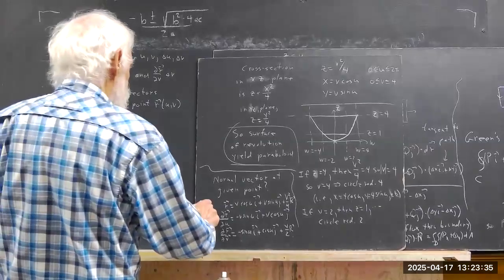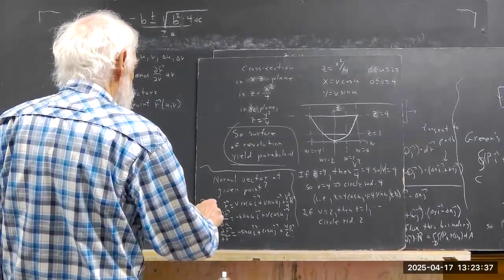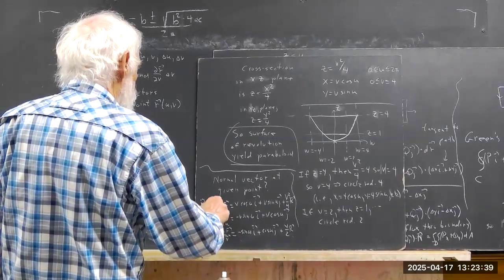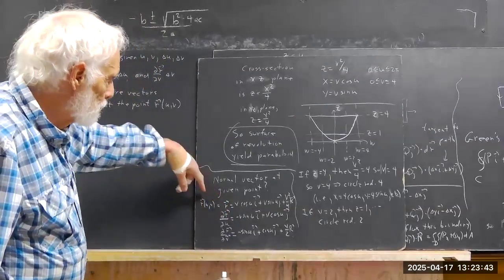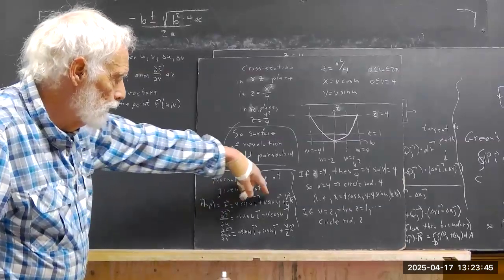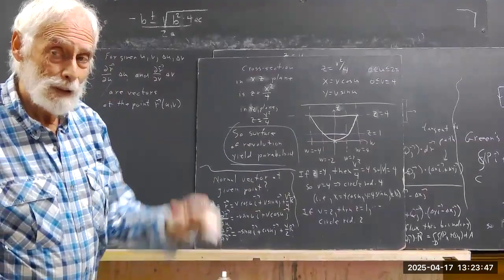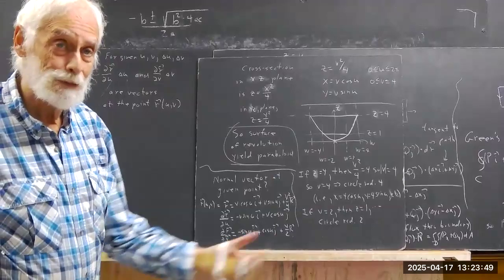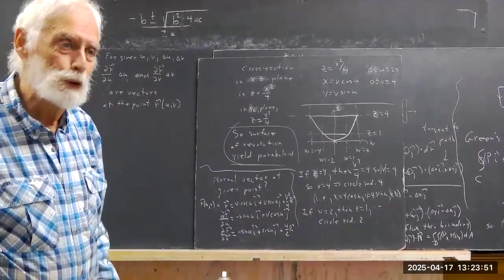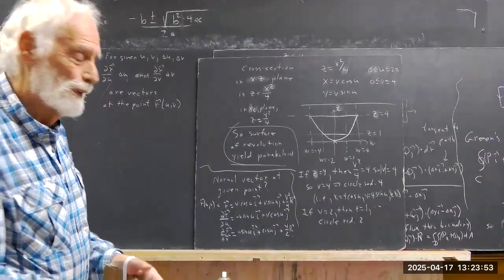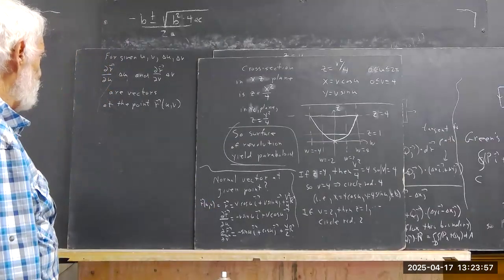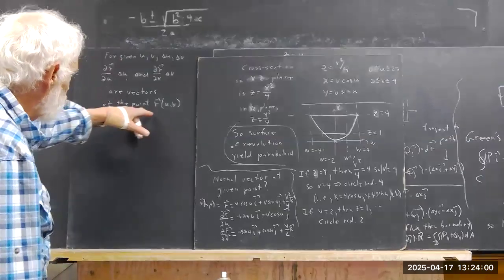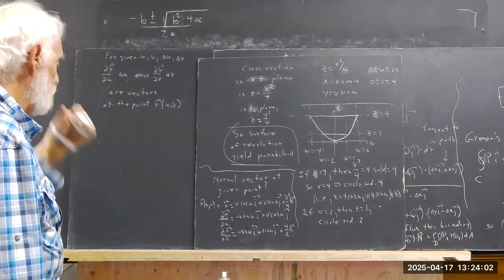So maybe I should be specific. That is R at UV, but I'm generally suppressing the UV because we know that's what it is. But right now we're just seeing it for the first time. So maybe we don't really know what it is until we've had our hands on some of these problems. So I should write it that way. Okay. So these are vectors at the point R of UV.